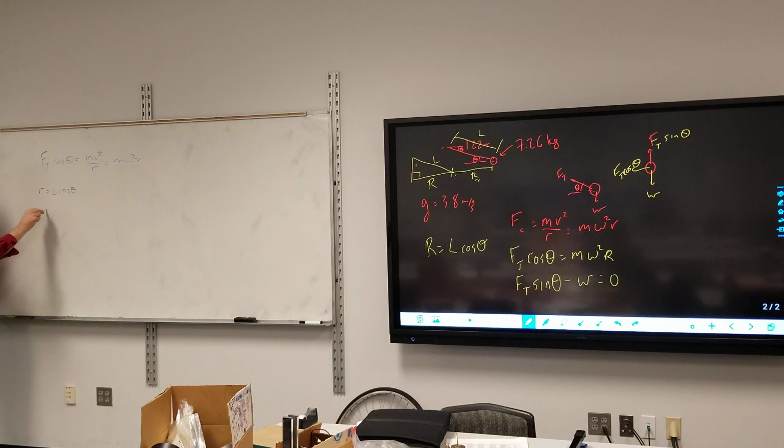So this was one of your analysis questions in this centripetal force lab. We end up with F equals m omega squared L. You know the mass. You know L. And I also know that Ft sine theta is equal to mg. You know g, you know m.